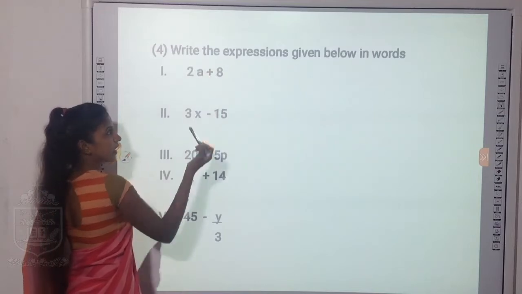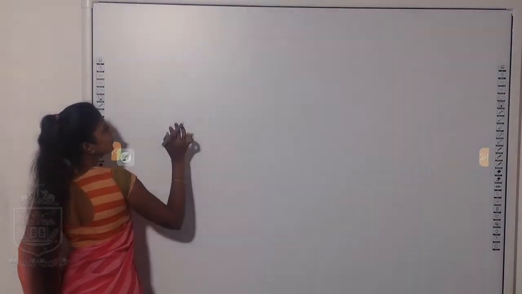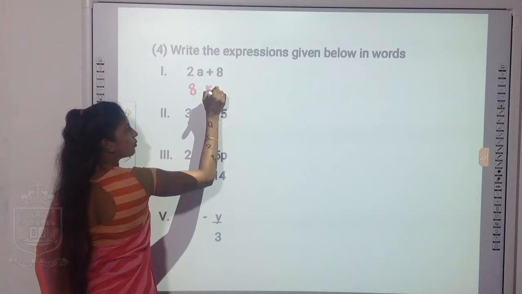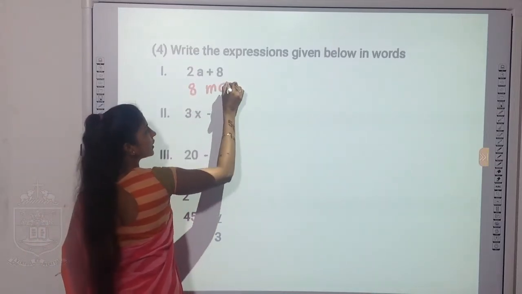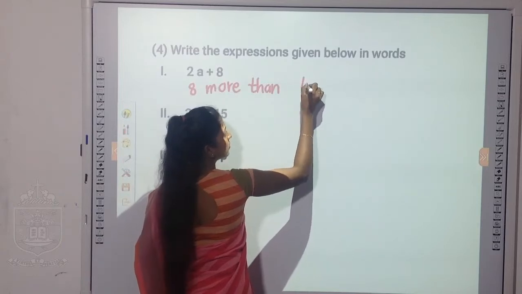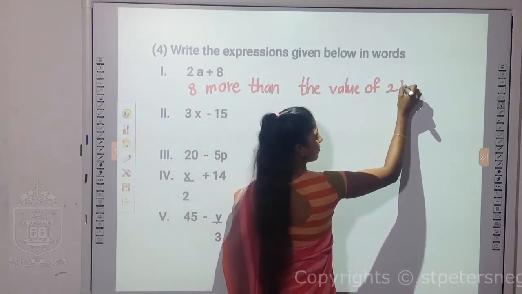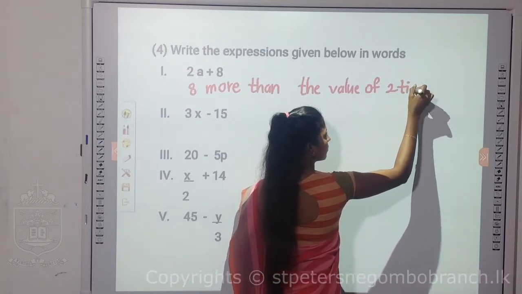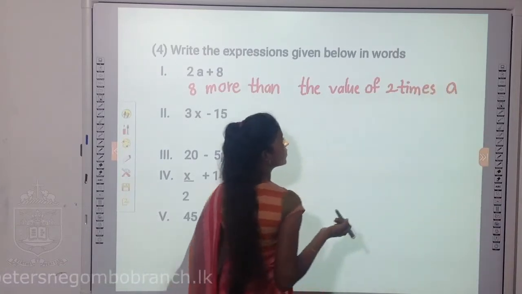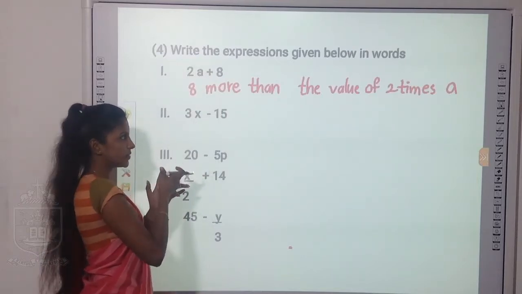So if the value represented is A, then we can write it in words as 8 more than 2 times A. This whole total expression will denote 8 more than the value of 2 times A. So we can write it like this. 8 more than means addition. 8 more than the value of 2 times A, that is 2 times A plus 8.